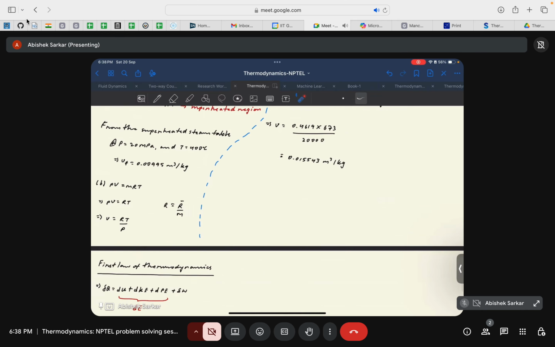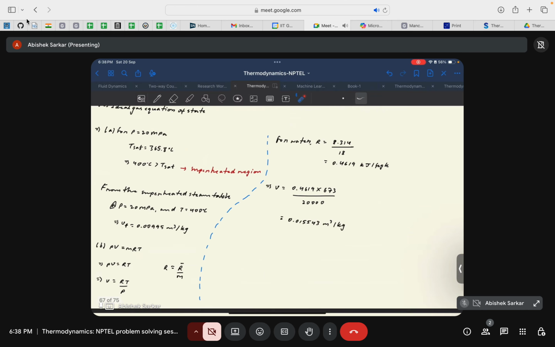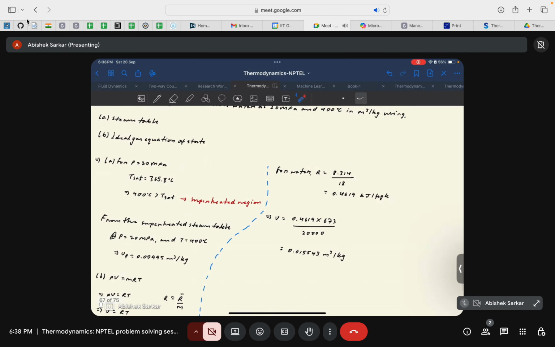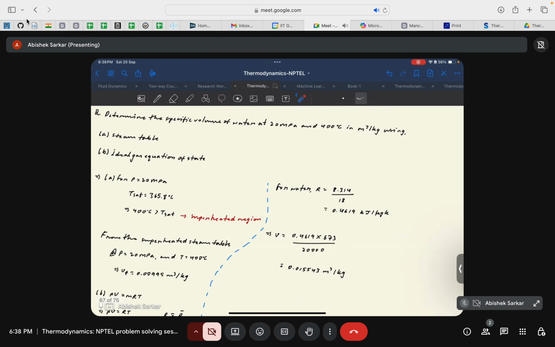Okay, so with that, if I recall, there was one more exercise of finding the same values using the compressibility chart. Again, as an exercise, you can try that out. One more thing that you can do is consider using the values of steam at very high pressure, very high temperatures specifically, even at this 20 megapascal.